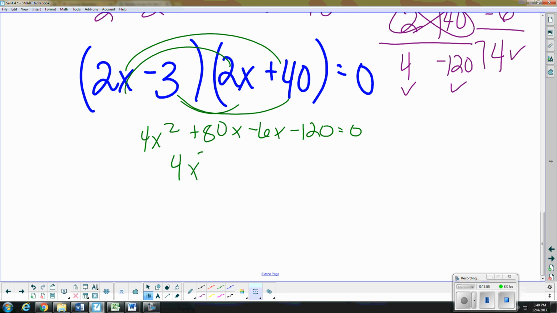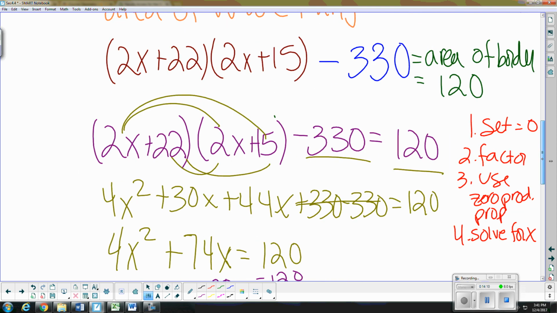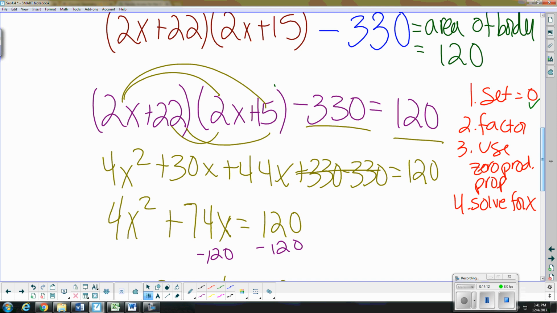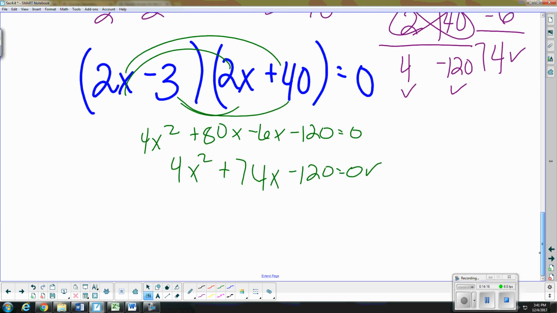So 4x squared plus 74x minus 120. That's what we want. Okay, so now our next step after we factor is to use the zero product property. So we set equal to 0, we factored. Now we're going to use the zero product property to solve for x.